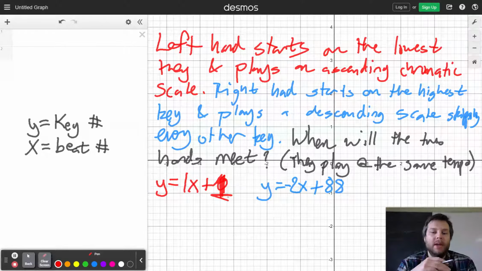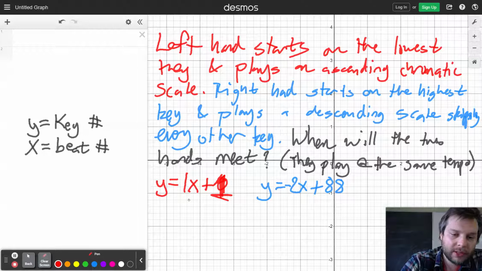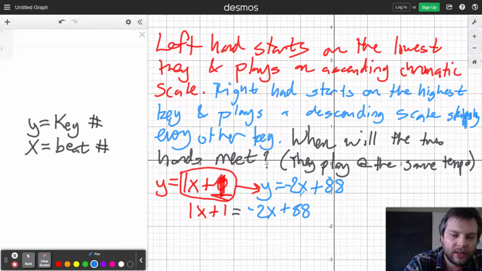Okay, so then let's use substitution here. Substitution is where we take the red equation and substitute this version of the letter y for that version right there in the blue equation. So 1x plus 1 is equal to negative 2x plus 88. As we solve this, like usual, we want to get our x's to hang out together.